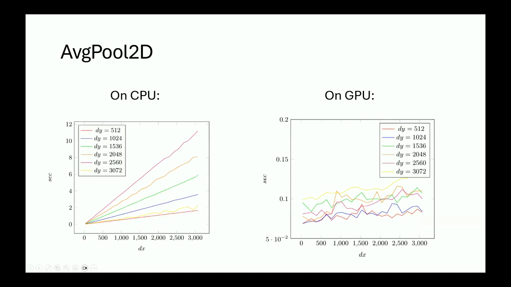The average pool 2D, we saw before, has on the CPU a very nice linear relation between the size and timing. But then on the GPU, we see again very compact results here, between, I would say, 7.5 to 0.115 seconds.